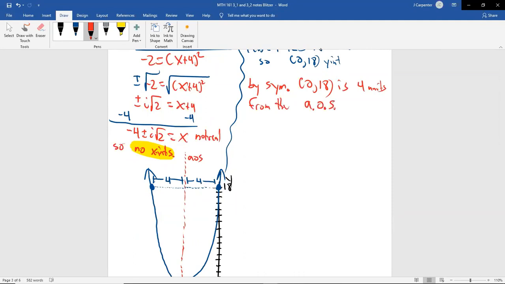So that says -8, 18 must be a point. And by the way, the axis of symmetry, the specific equation, is x equals, that vertex was at -4 for an x value, so the axis of symmetry is x equals -4. That's the vertical dotted line.